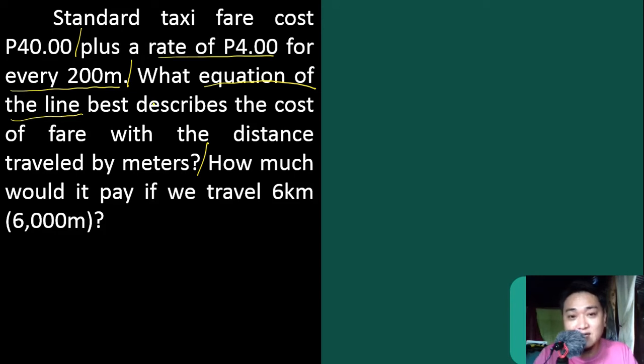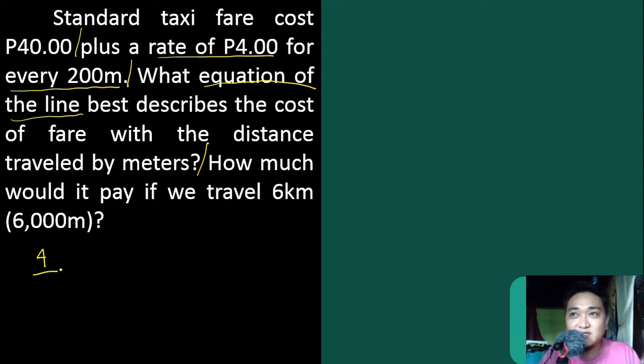And alam nyo ba, mga langga, yung rate po natin, yun yung madalas na nagiging slope or vice versa. Yung slope, most of the time, it pertains to rate of change. Ano po? So, kung ganun lang naman pala, ibig sabihin, every 4 pesos, if we assume that the y-axis pertains to the cost of fare, and we will pertain to x-axis as our distance traveled.